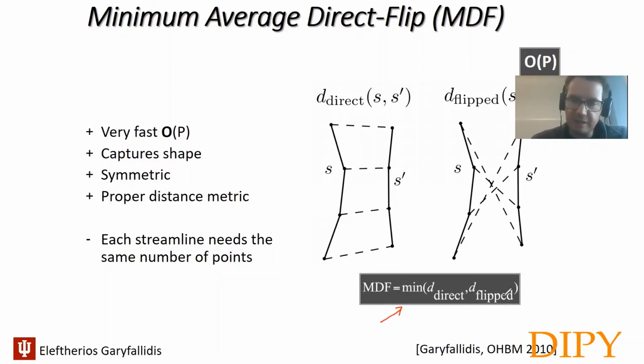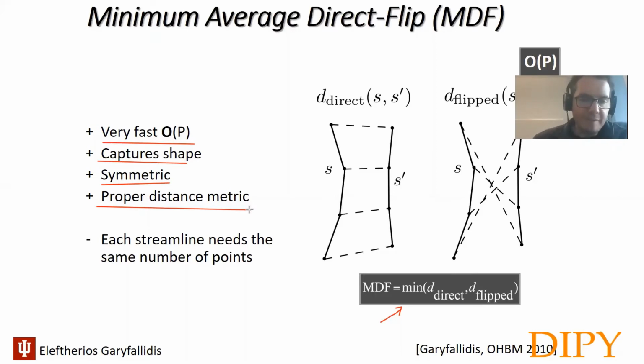Now there is a big theoretical advantage using such a distance because it is very fast, it's linear time, it's also symmetric, which is really good, and it's a proper distance metric, meaning that it satisfies the triangle inequality and all the other properties that distance metrics should satisfy. And therefore, if you're solving an optimization problem, the space is not distorted. You have a nice space to make your calculations.